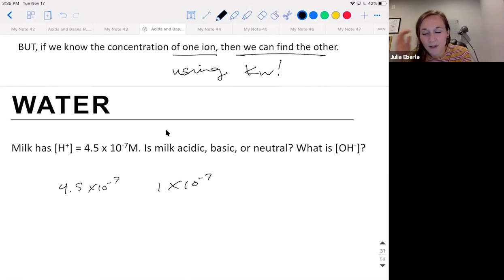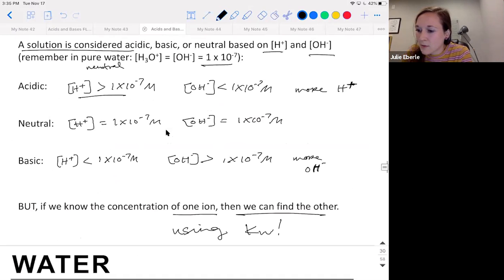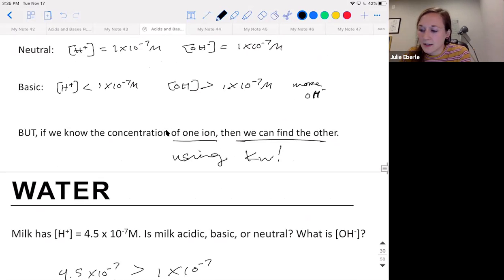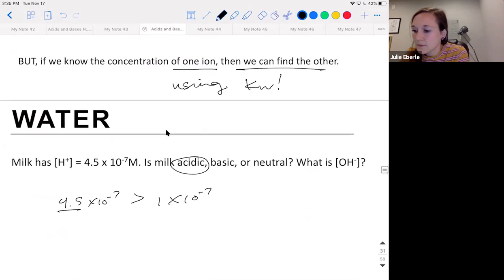Yes, it's greater than. The exponent is the same, the base number is larger, not by much, but a little bit. Remember, if H plus is greater than 1 times 10 to the minus 7, it's acidic. We don't think of milk as acidic, but it is slightly acidic.